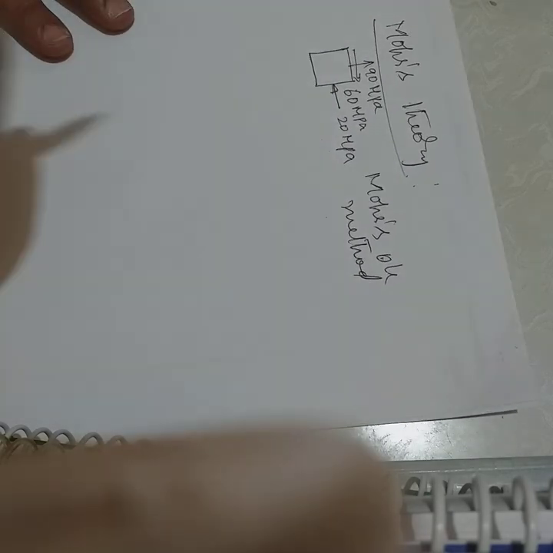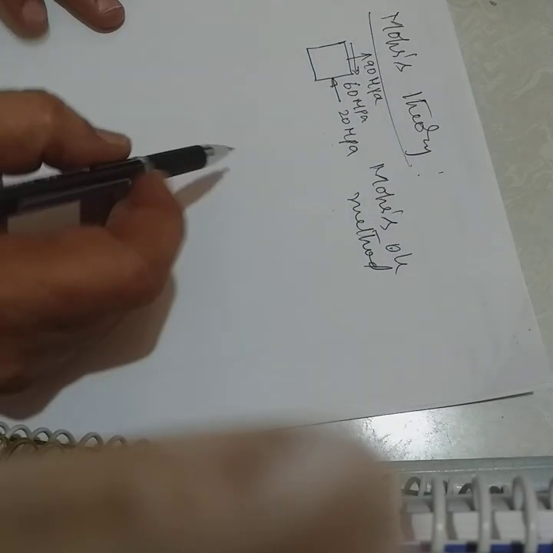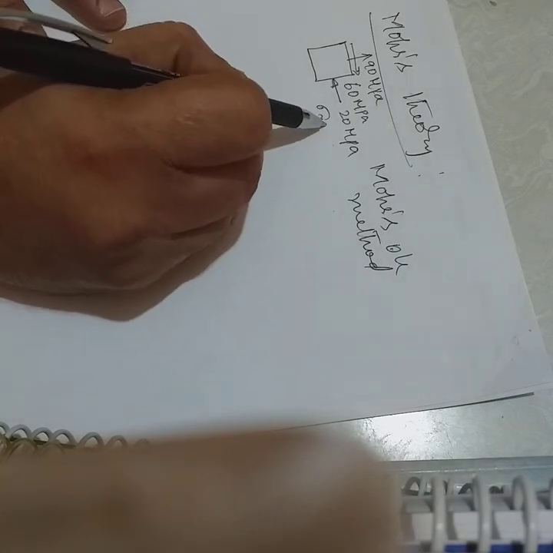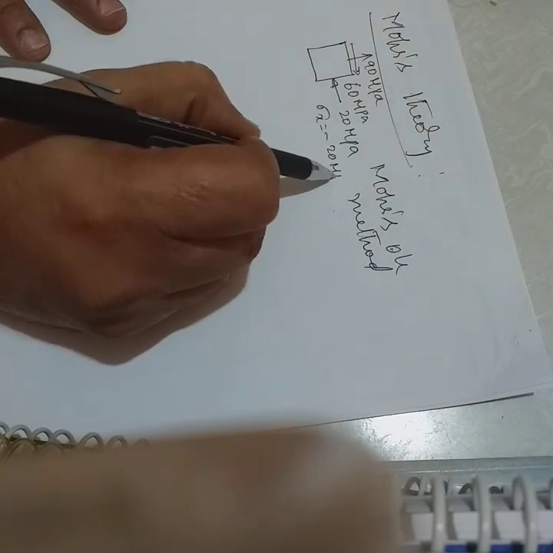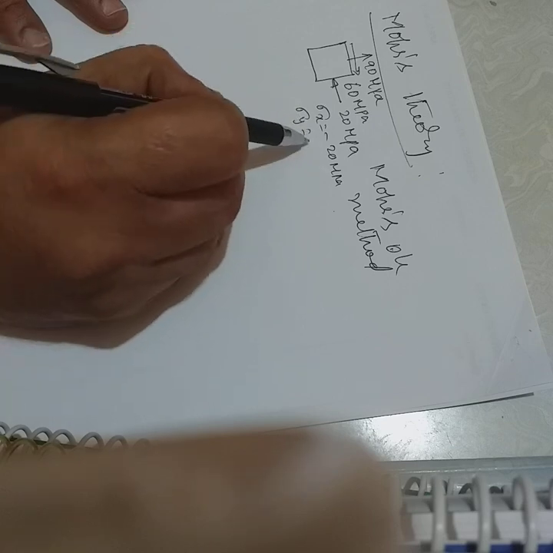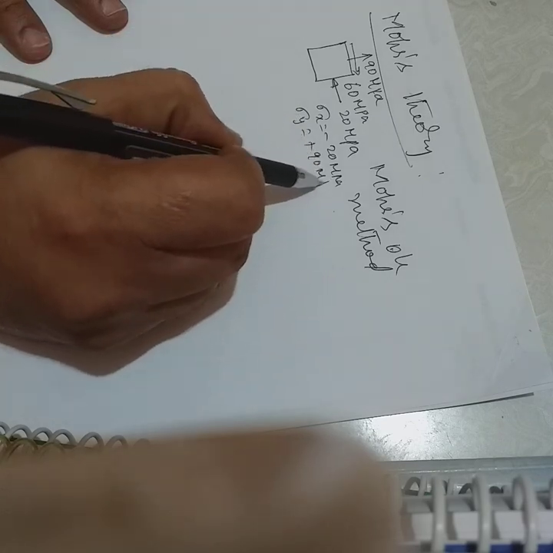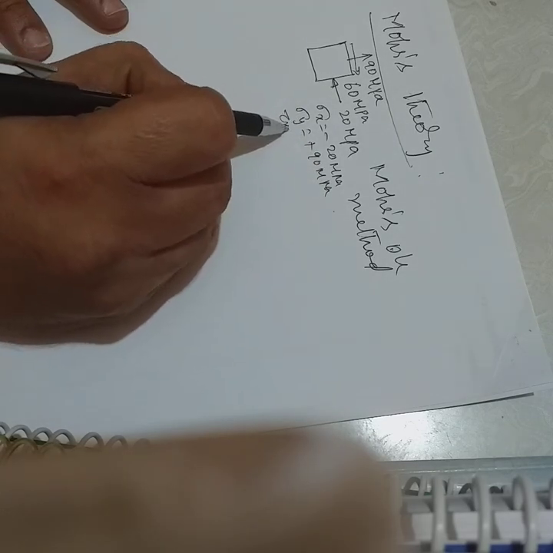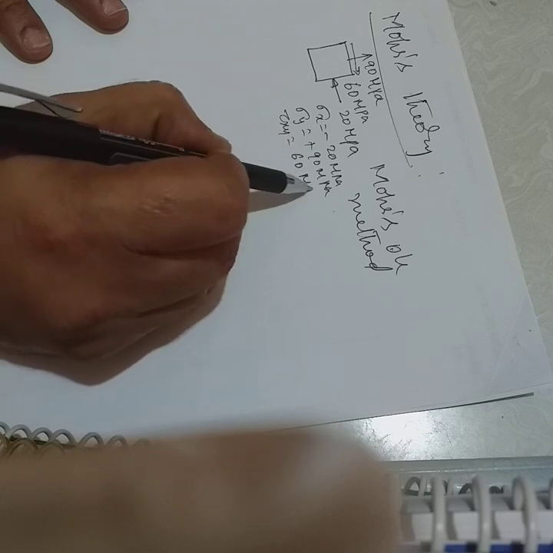Now we have sigma x equal to minus 20 megapascal, sigma y equal to plus 90 megapascal, and tau xy equal to plus 60 megapascal.